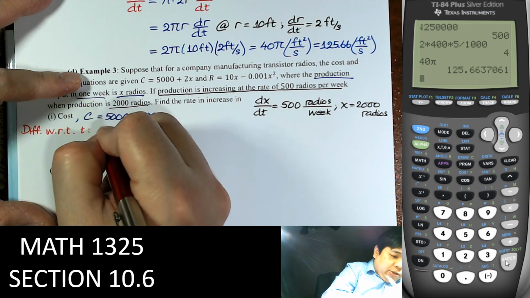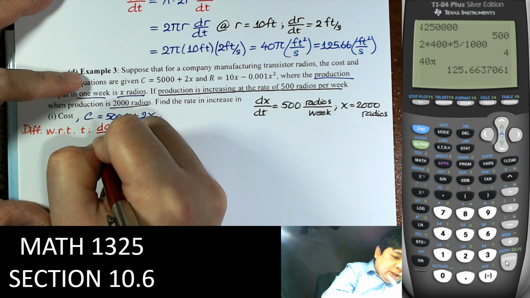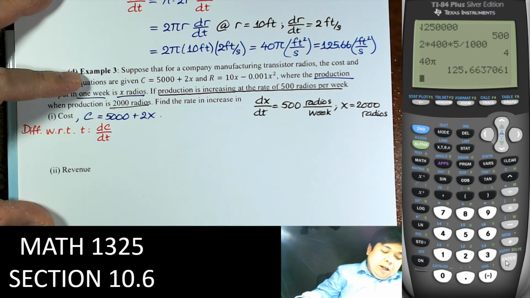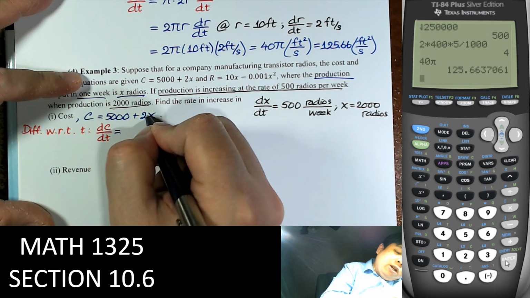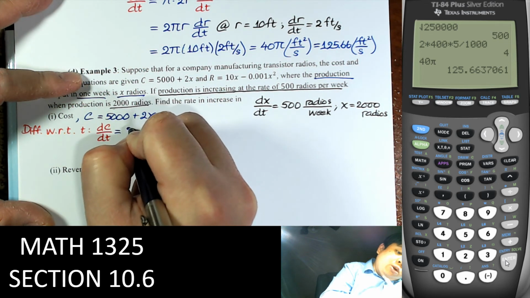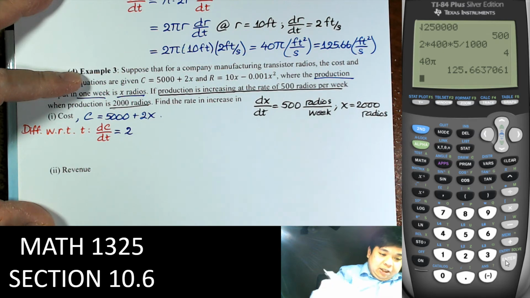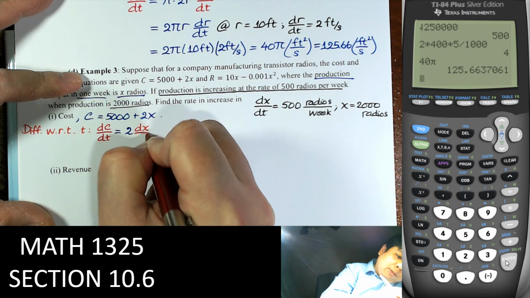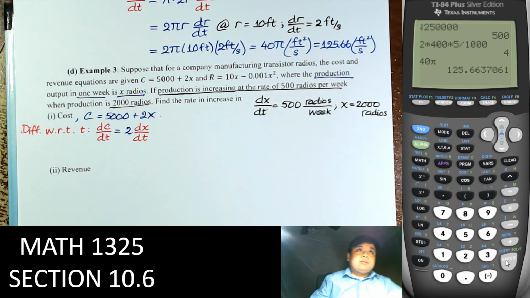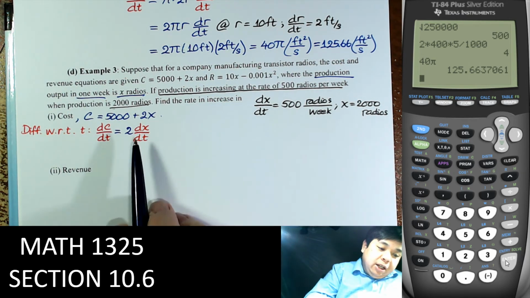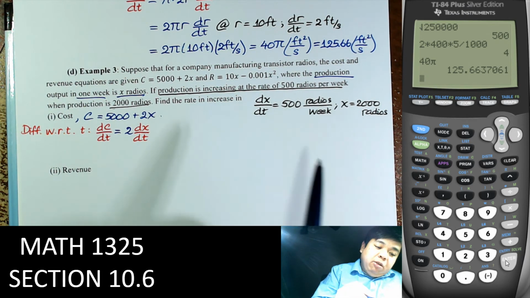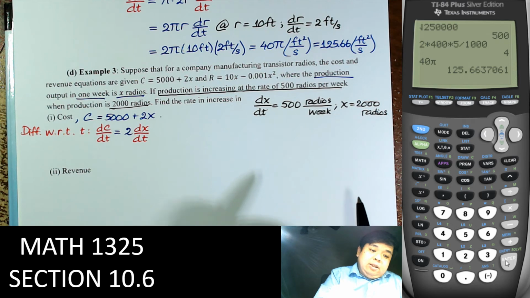We have dc over dt. Derivative of 5000 is 0, derivative of 2x is 2, and then we have dx over dt. And then just substitute in here, dx over dt is 500 radios per week.